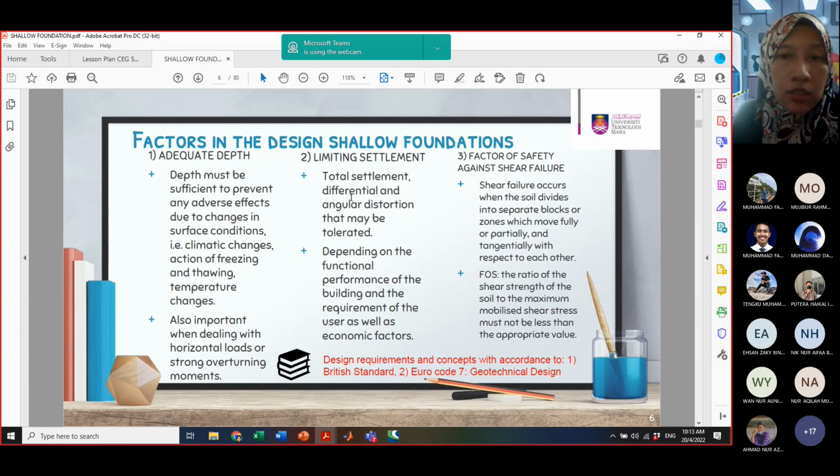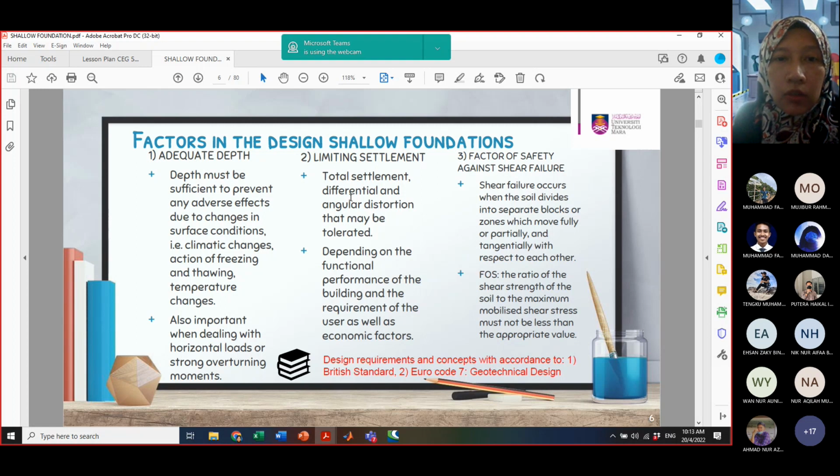The limiting settlement is where we try to give a limit, the allowable settlement that can be tolerated by the footing. For example, we need to look at the total settlement, the differential settlement and angular distortion, and it depends on the functional performance of the building, the requirement of the user, as well as economic factors.